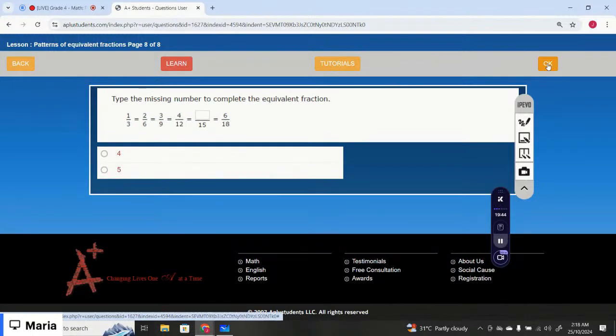Type the missing number to complete the equivalent fraction. So, which is the correct option? 3 times 5 is 15, right?